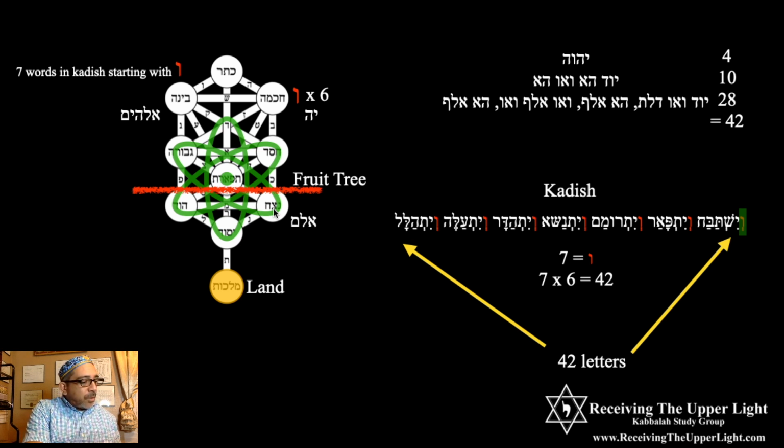The word luminaries, when written without a Vav, can be read as a curse. So when we mentioned in the previous lesson where it says, let there be luminaries, it is a time when we're talking about the nine lower ones that we mentioned before, from Chokmah all the way down.